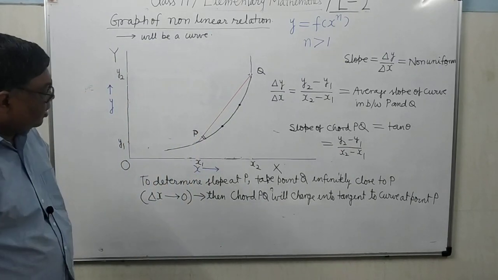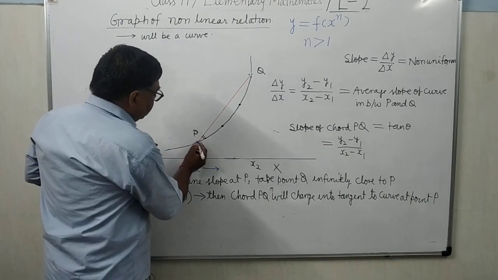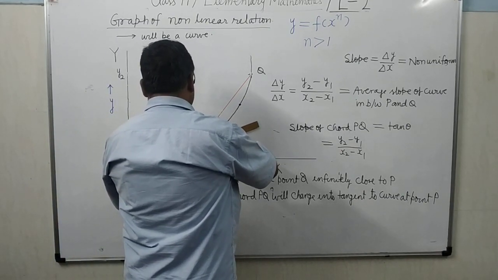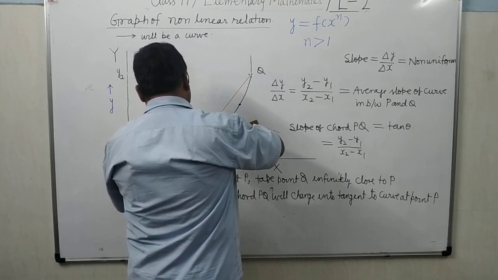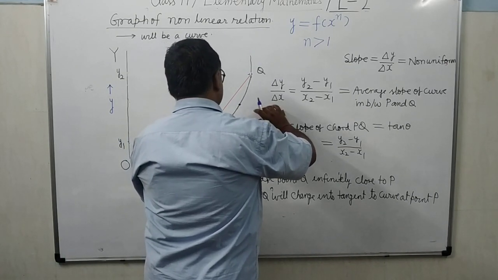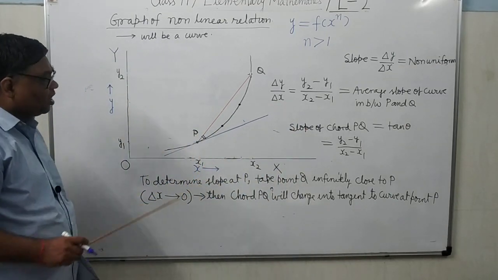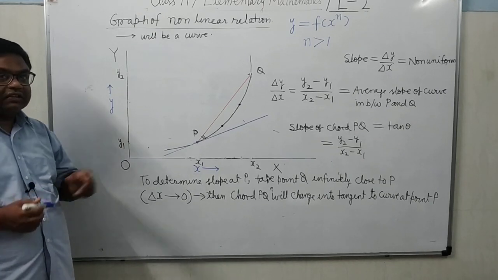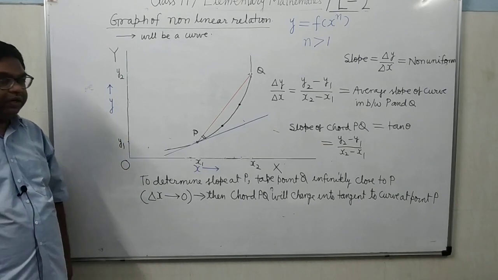Means when point Q is very close to the point P, this will change into this. This chord PQ will change into the tangent to the curve at point P, and the slope of this tangent will be the slope of curve at point P.